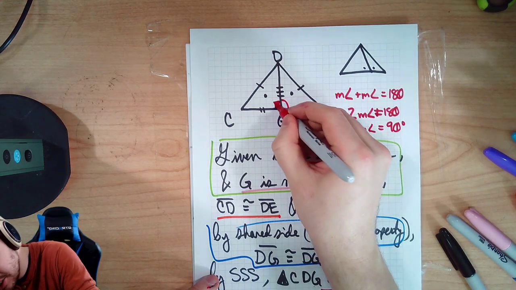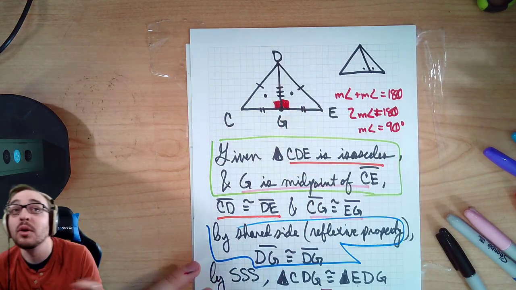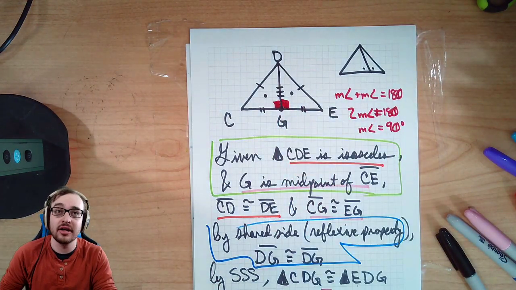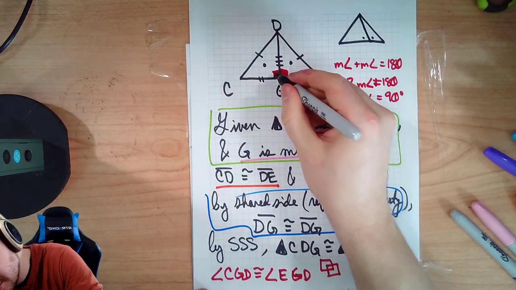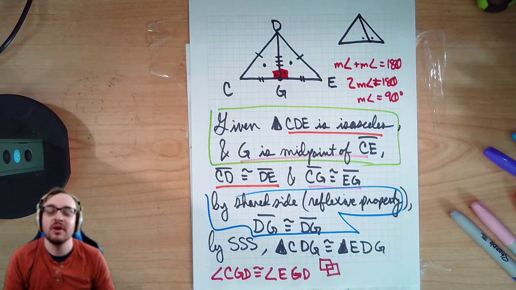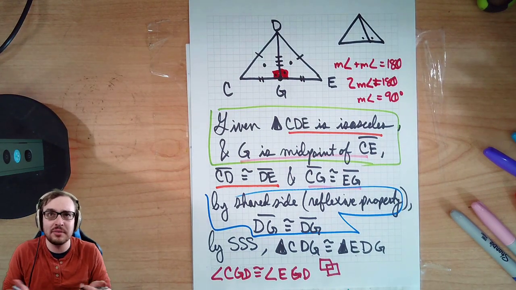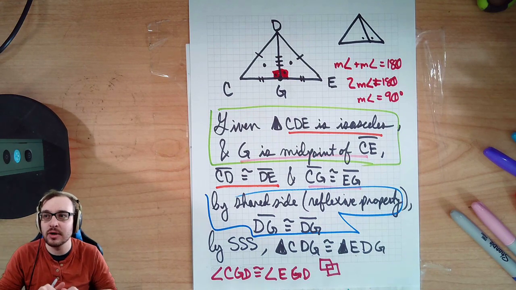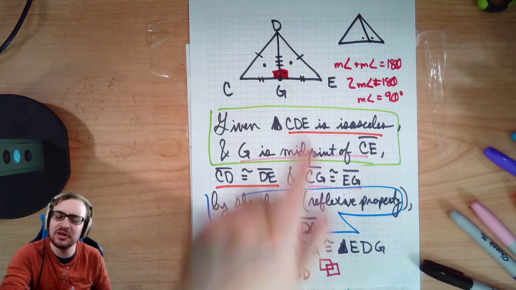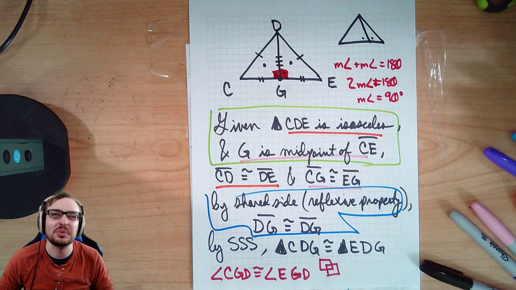Only 90 plus itself can get you 180. If both these measures are equal, which we proved they are, and they have to add up to 180, well, then they both have to be 90. 90 and 90 is the only way to have them both be the same and add up to 180. So it turns out you were right about your assumption. We just couldn't prove it yet.